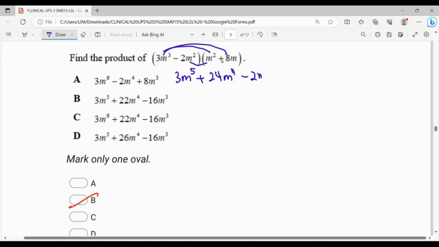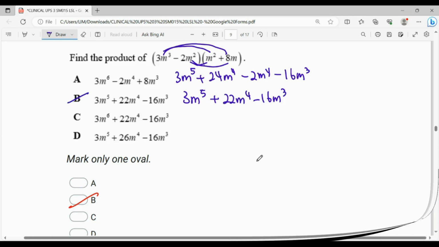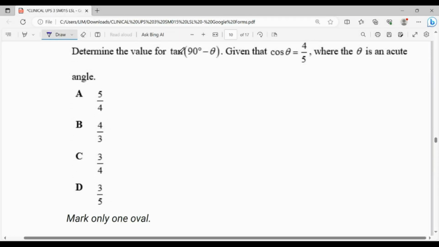Negative 2 and 4. Then negative 2m squared with 8m. Then we simplify 3 and 5. So this one will be 22 and 4 minus 16 and 3. Answer is B. Determine the value of tangent of 90 minus theta, given that cos theta is 4 over 5.